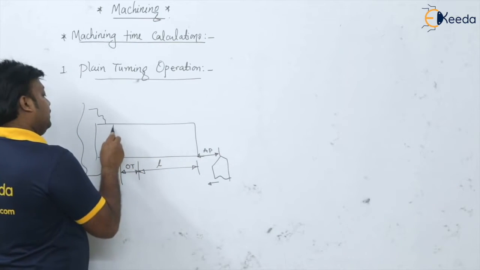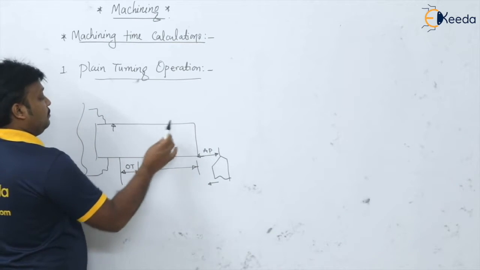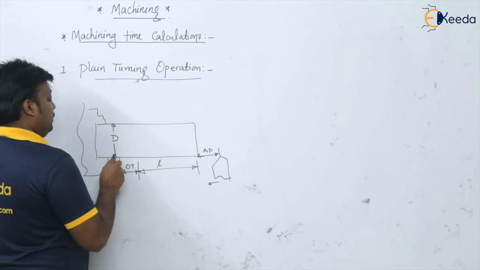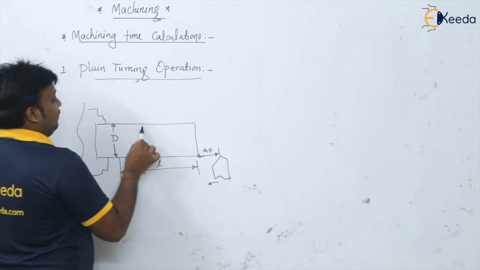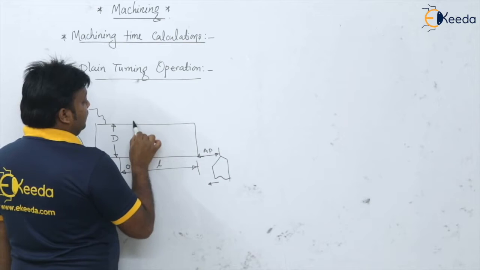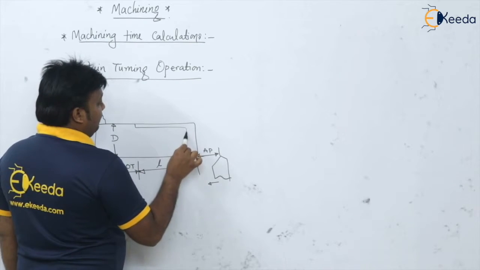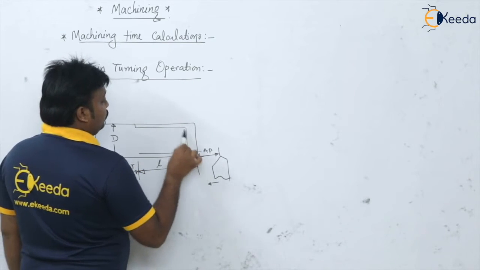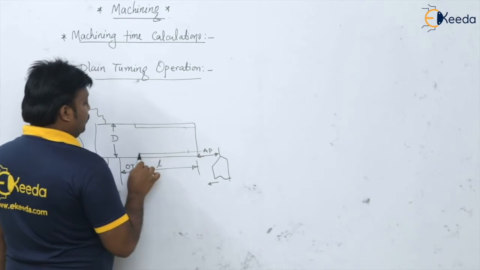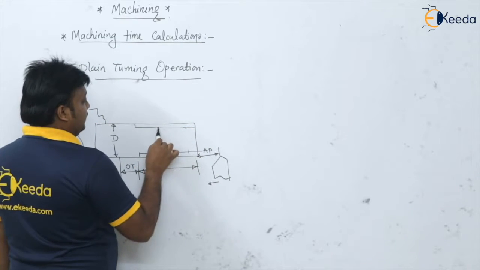The original diameter of this bar is D, and after having this first cut, it is going to reduce to a smaller diameter.